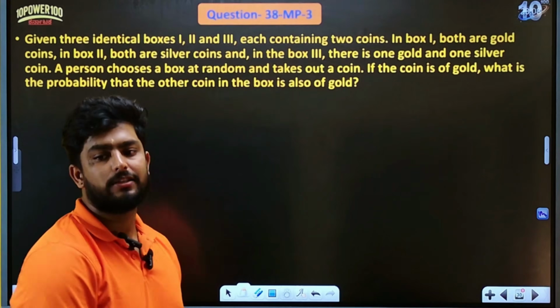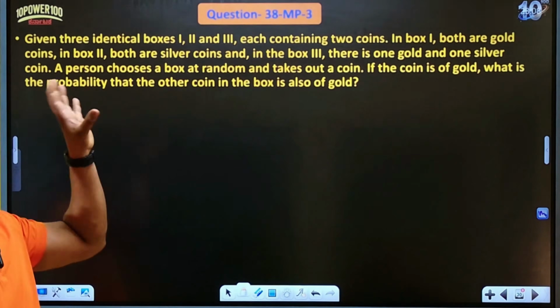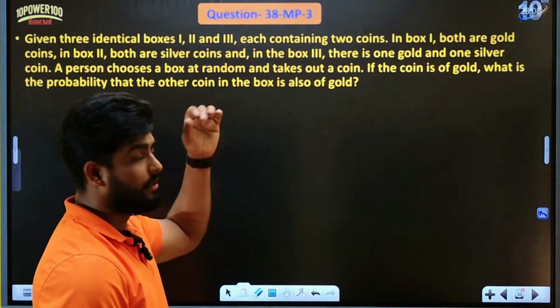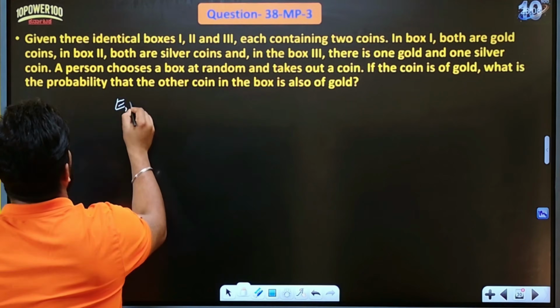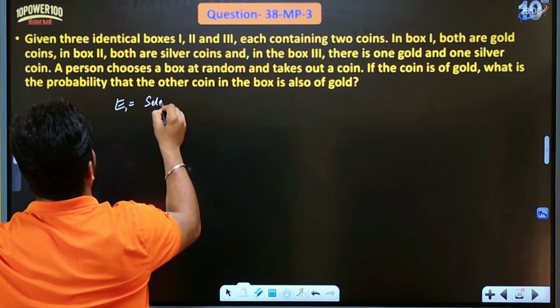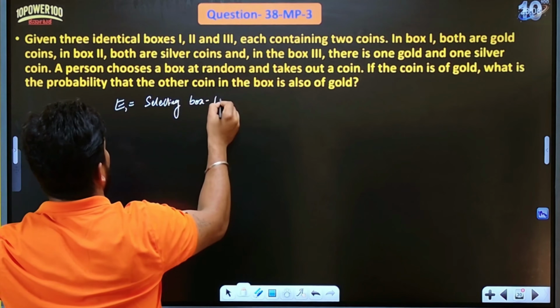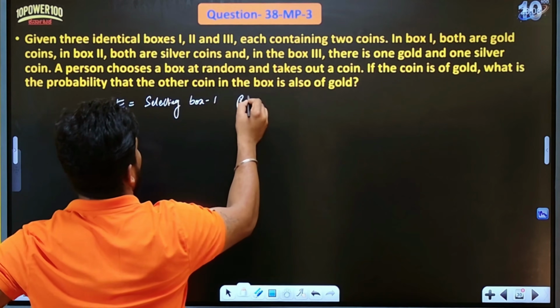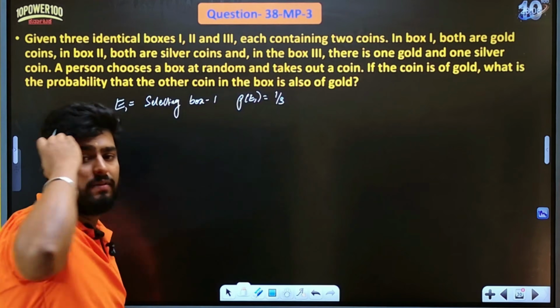So the last question of this video: given that there are 3 identical boxes, so now we are talking about 3 different boxes, right? So that means more events will come. So event E1 is selecting the first box, selecting box 1. So P of E1 is equal to 1/3, children, because there are 3 boxes, so it is 1/3.